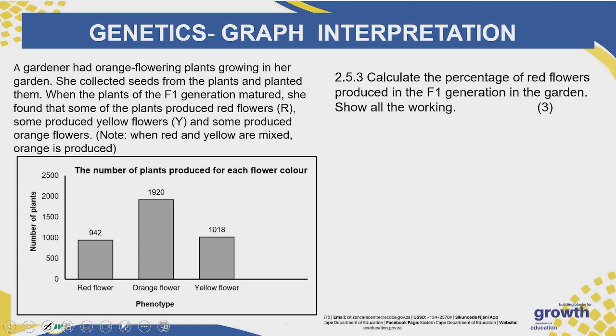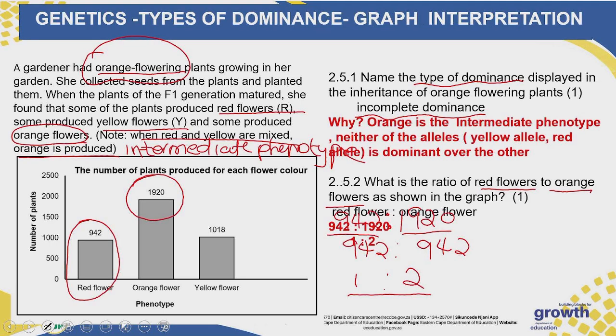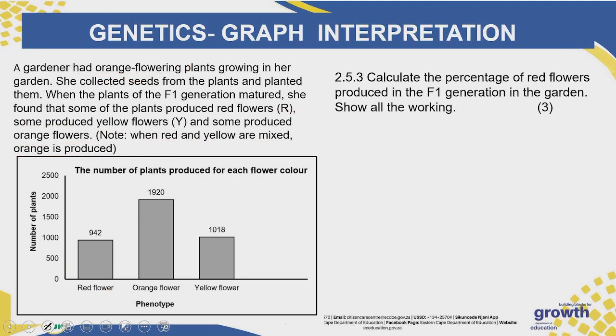Okay. Now, this next slide is still applicable to the same question, but now it says you must calculate the percentage of red flowers that were produced in the F1 generation. So where is the red? We have 942.